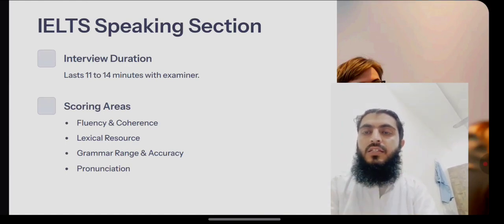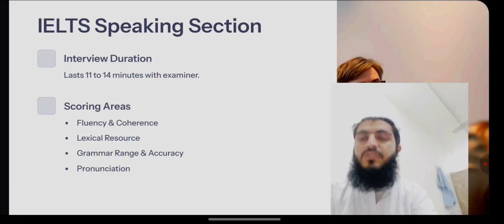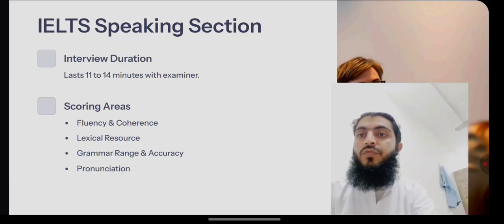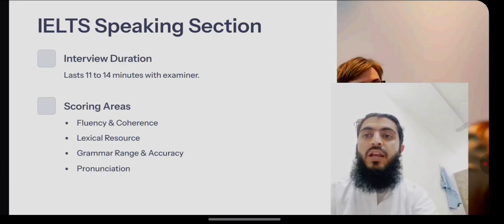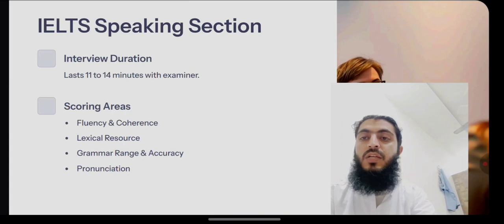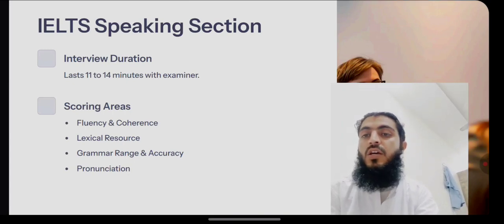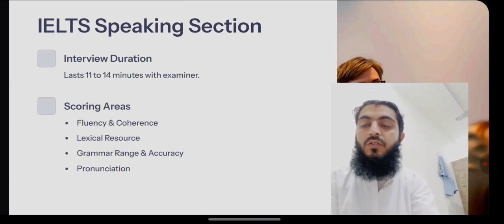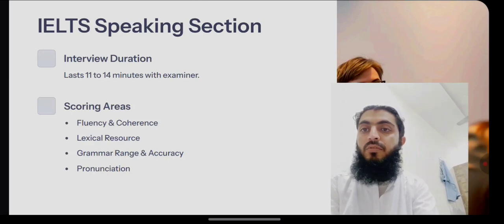In that case, the examiner will be assessing you in the following areas: your fluency and coherence, your lexical resource, which means your vocabulary usage and use of proper words, your grammatical range and accuracy, and pronunciation.